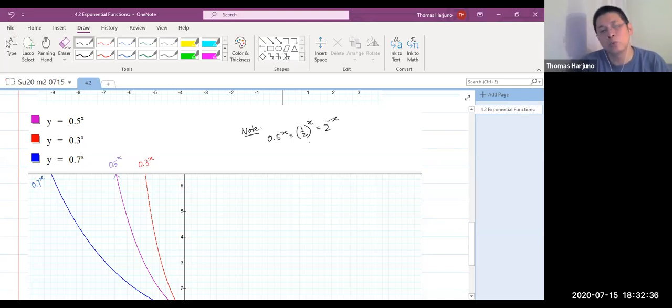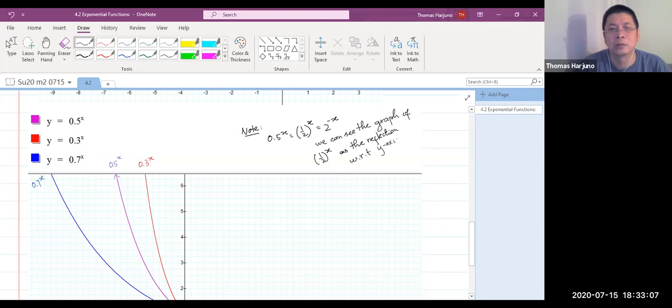So in some sense, we can see the graph of 1/2 to the x as the reflection with respect to the y-axis of the graph of y equals 2 to the x.